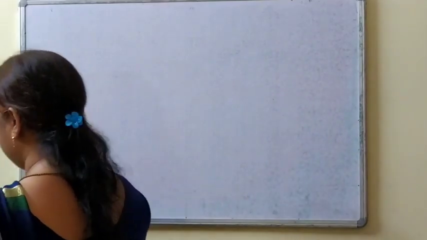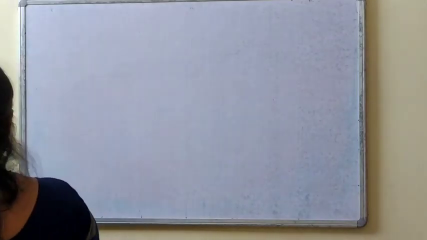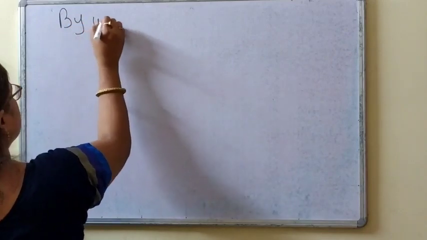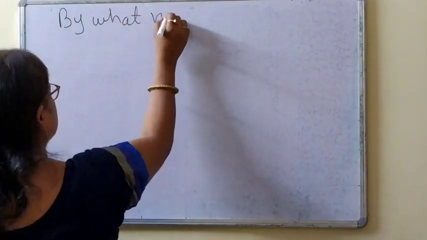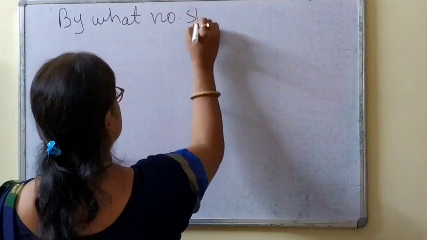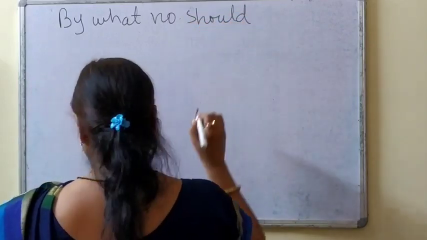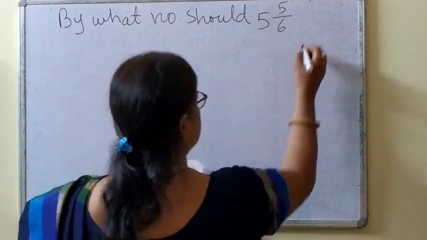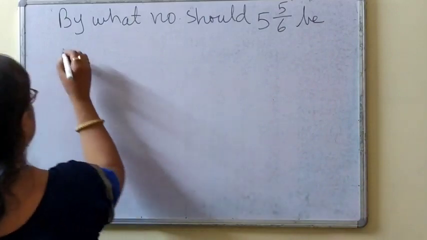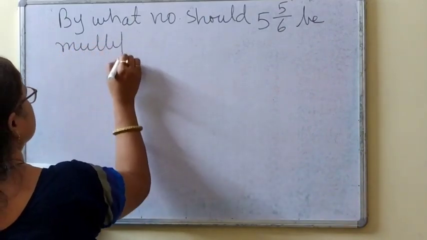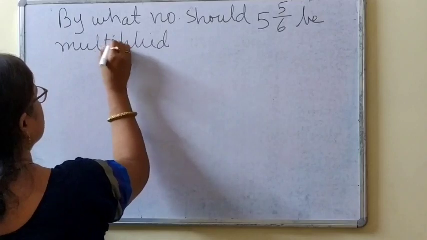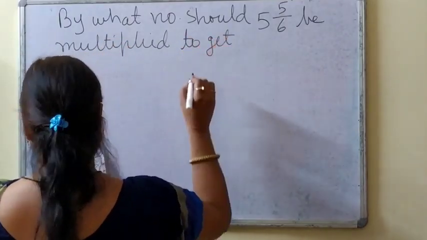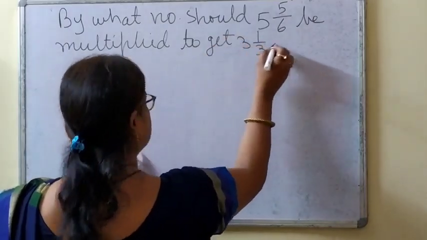So the next question is, by what number should 5 by 6 be multiplied to get 3 1 by 3?